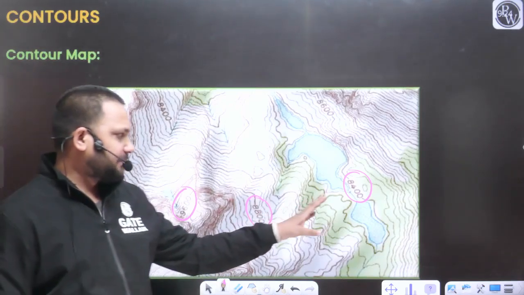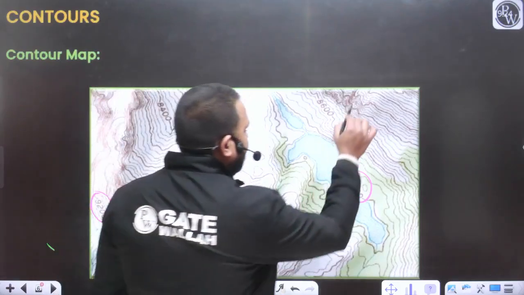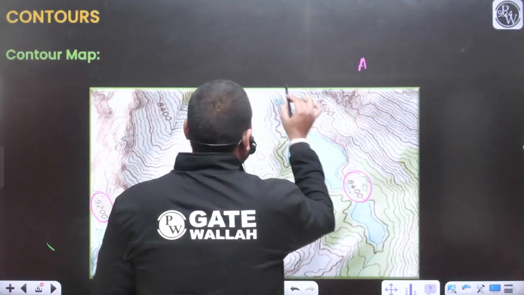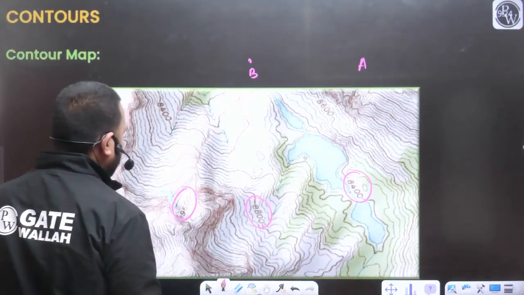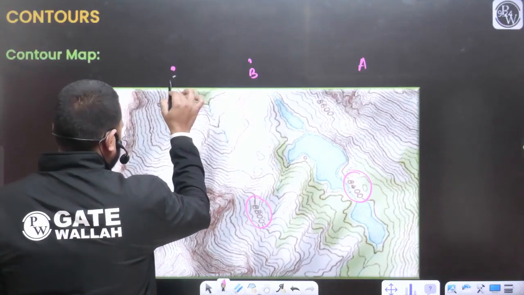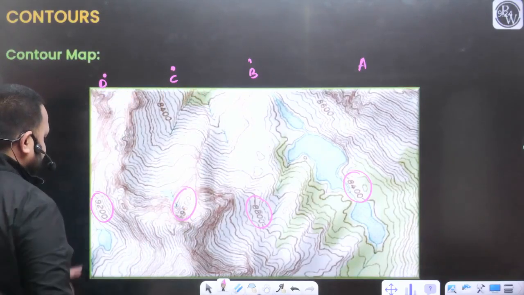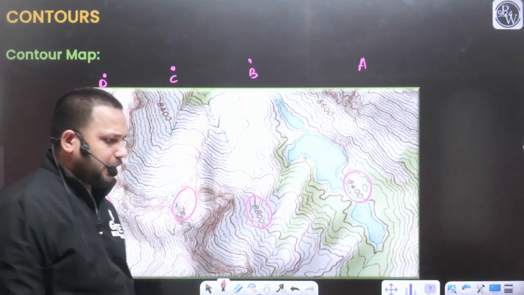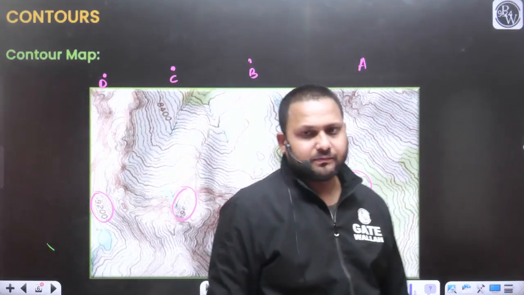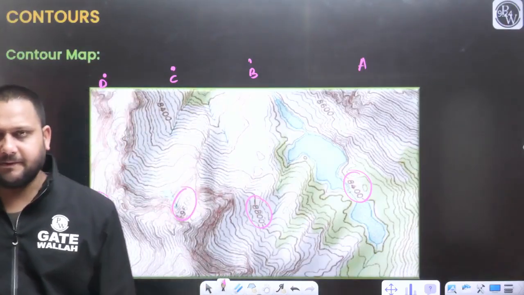This elevation is mentioned here: 8400 at, let's say, point A, at point B the elevation is 8800, at point C the elevation is 9600, and at point D the elevation is 9200. Let's say I have considered the 4 points A, B, C, D.